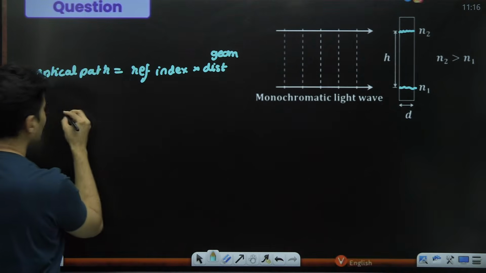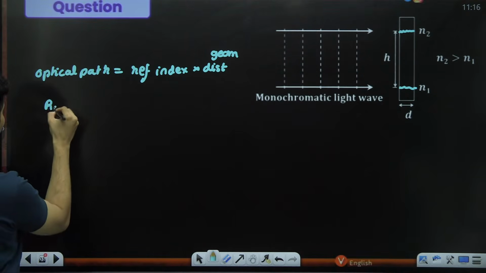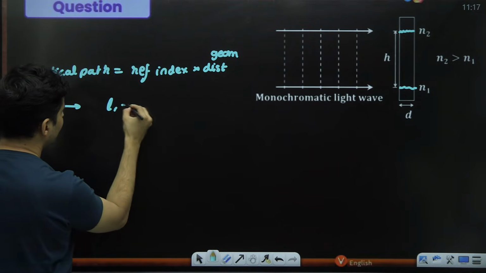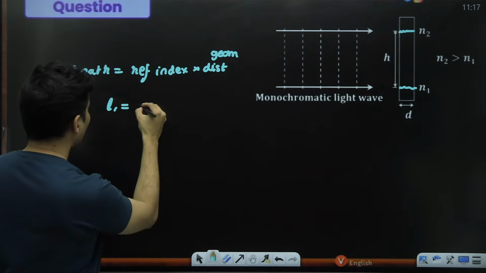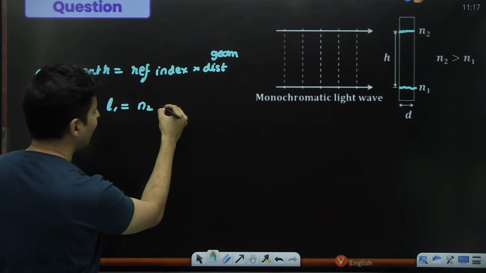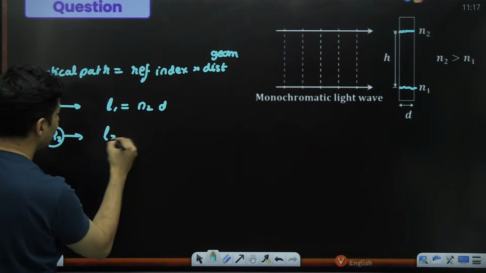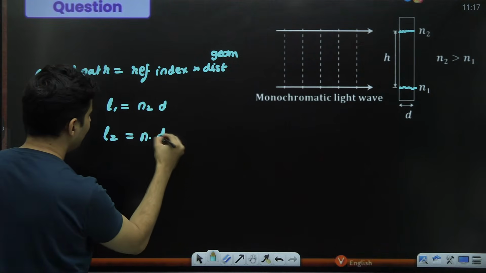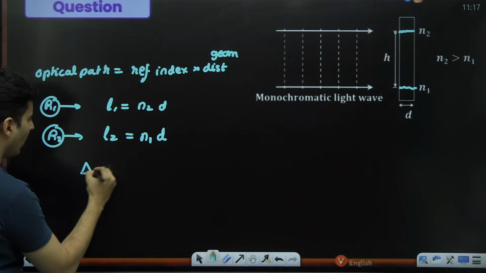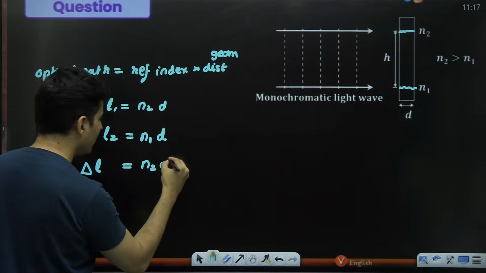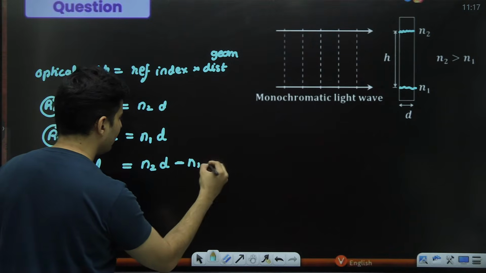So for ray number 1, the optical length will be nothing but n2 multiplied by d. For ray number 2, the optical length will be n1 multiplied by d. So the optical path difference will be nothing but n2d minus n1d.